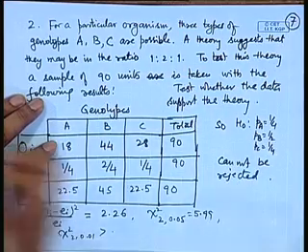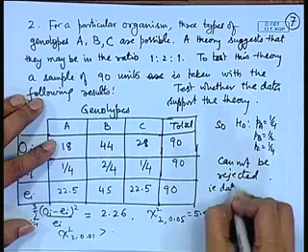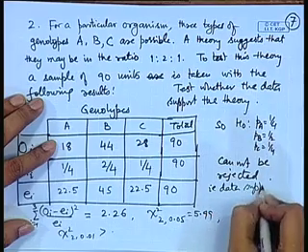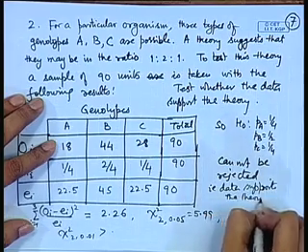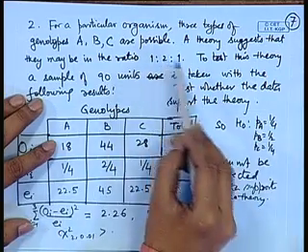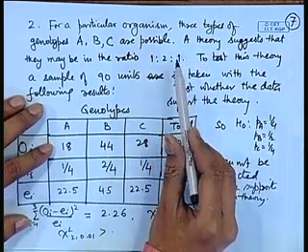That means the data supports the theory that the genotypes are in the proportion 1:2:1.